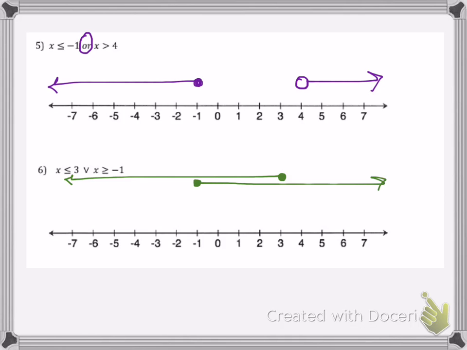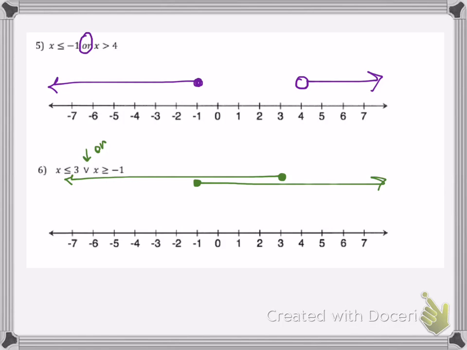So if you look at the two graphs of the inequalities that I've drawn here, I've got a closed circle at 3, shading to the left for the left inequality, and a closed circle at -1, shading to the right for the rightmost inequality. We're looking at the symbol for OR, so this is a disjunction graph.